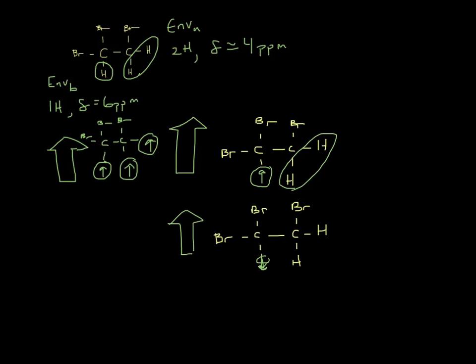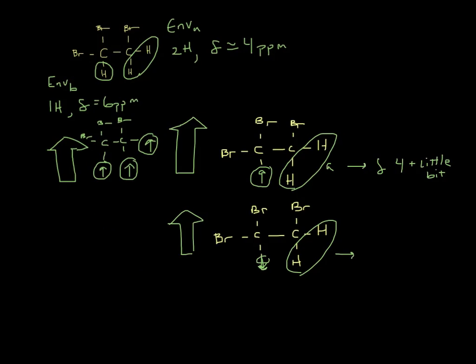What would happen is that this would actually give us two different readings for environment A. So for environment A, where their neighboring hydrogen is adding to that magnetic field, we would see this guy show up with a chemical shift of 4 plus a little tiny bit. Because essentially, those guys are feeling a slightly stronger magnetic field than they would otherwise.